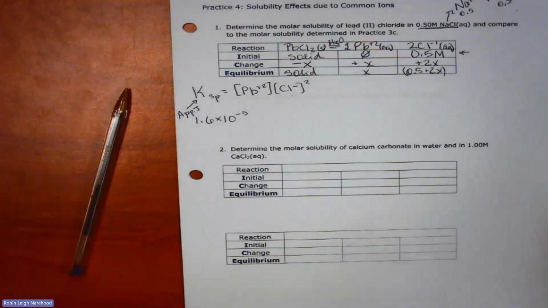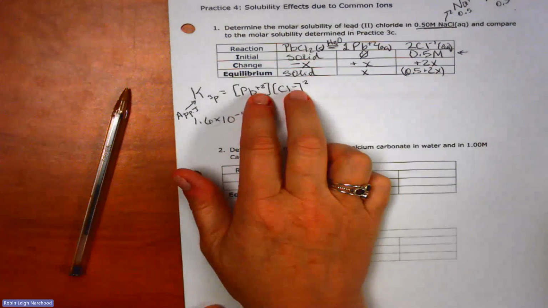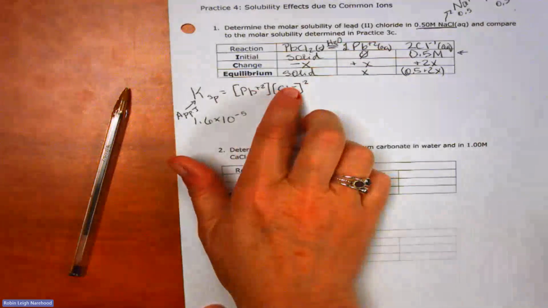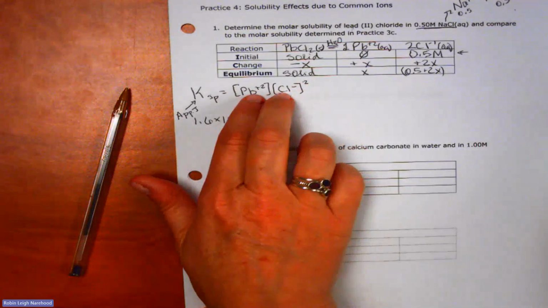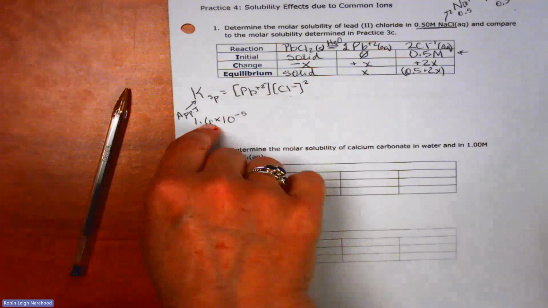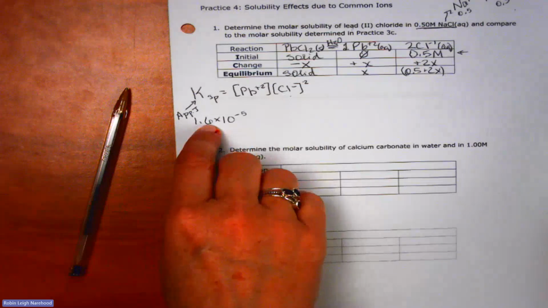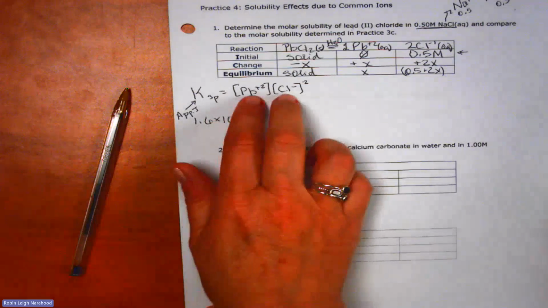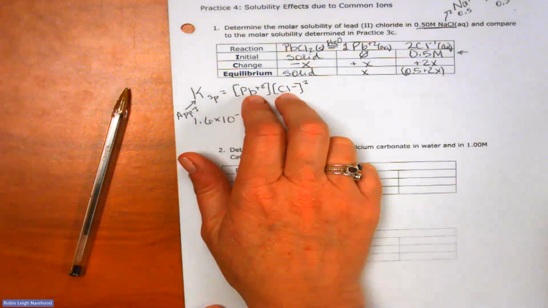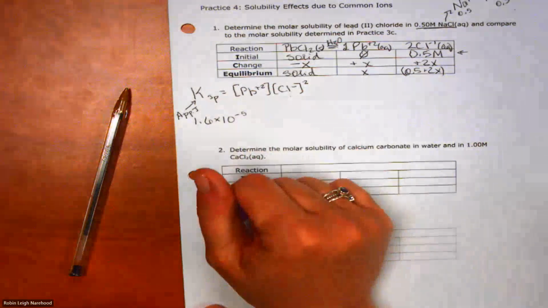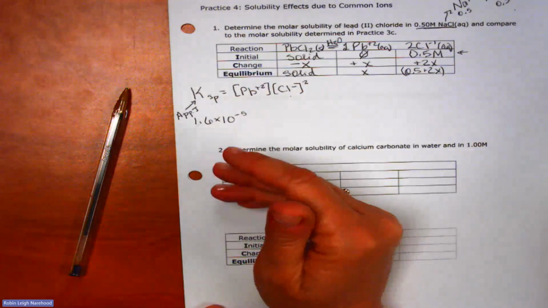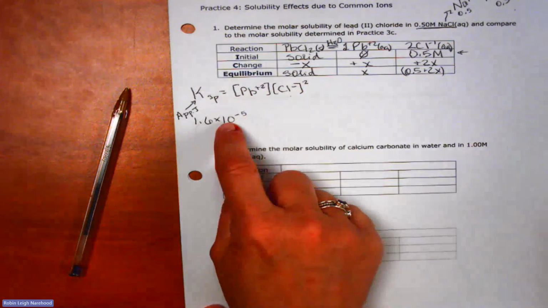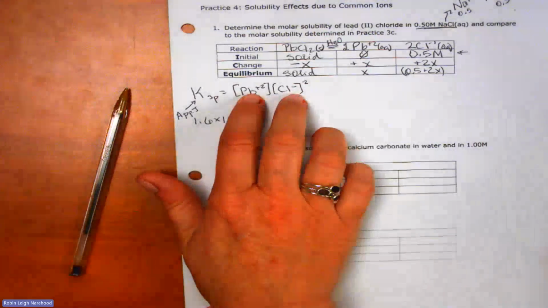Okay. So I want to point out something mathematical for you. These two numbers, when you multiply them, after you square that one, you're going to get this number. So in order to get this small number, are these going to be big numbers or small numbers? They're going to be small. In order to get a small number like this, these values have to be small.